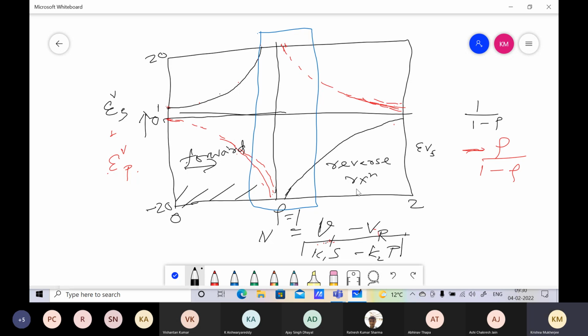We talked about this in the last class, that rho is nothing but the mass action ratio upon the equilibrium constant. So when rho is less than 1, P is less than S in terms of equilibrium concentrations, with P equilibrium upon S equilibrium. Therefore this is the forward part of the reaction, this is the positive rate, and this is the negative rate. Does that make sense?